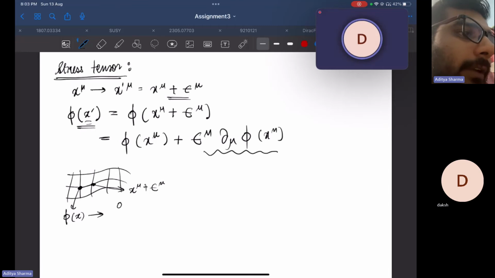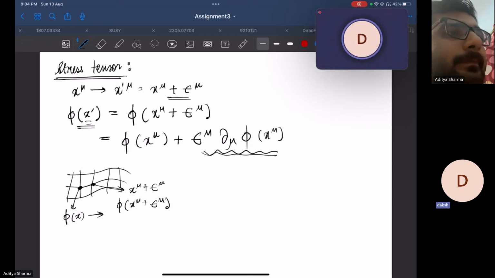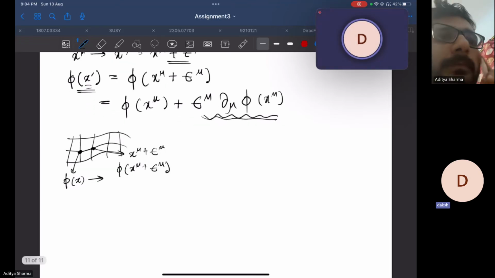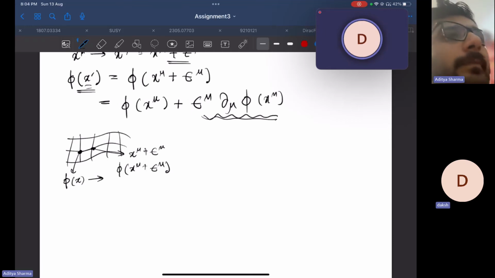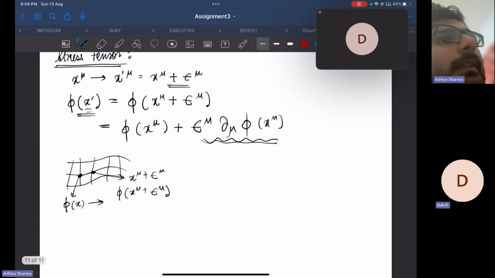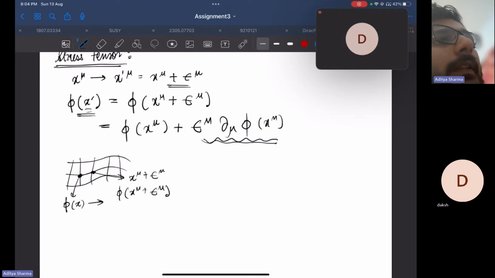Then you will evaluate using Taylor series, right? Yes, this is only what I have done. I thought we are changing the frame of reference and we changed the form of phi also, like writing phi prime. That's why I asked. This I can define as my new phi prime of x.